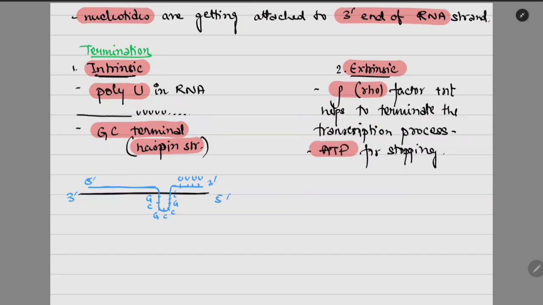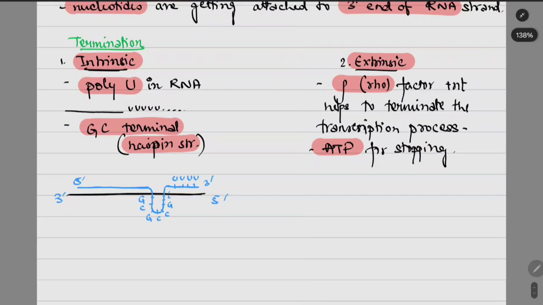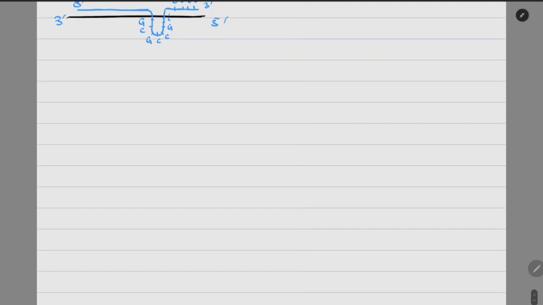Now the inhibitors of the transcription. We know that this is the process for the prokaryotic transcription and inhibitors are required as antibiotics to stop the formation of new microbes in the body, so we have to know the inhibitors so that we can know the action of the antibiotics in prokaryotic transcription. One is the example of rifampicin.